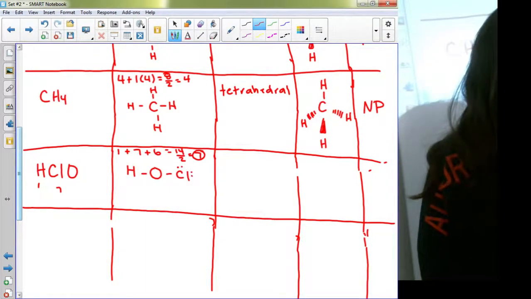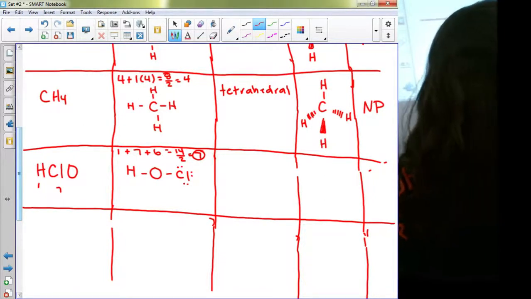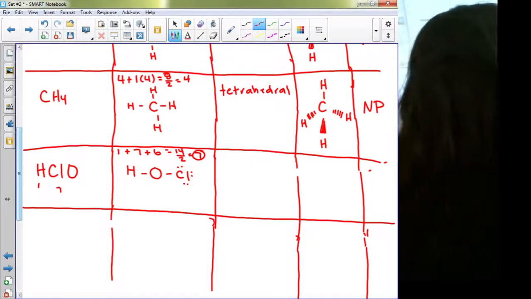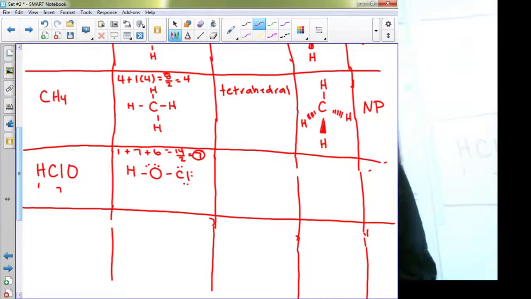And then the chlorine needs those. So I've got 1, 2, 3, 4, 5 drawn. So the other 2 must go on who? Oxygen. So that I'm going to build it.